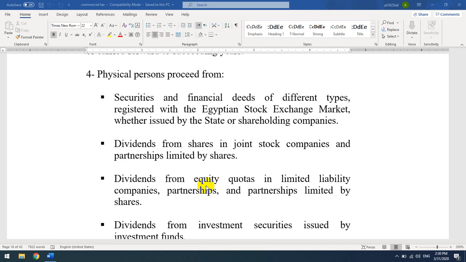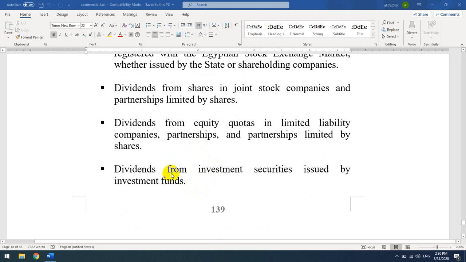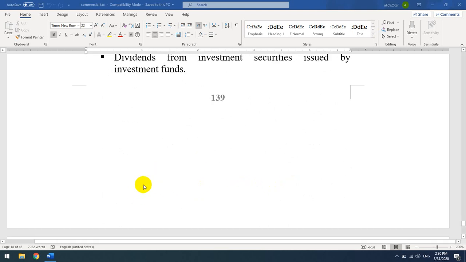All types of dividends and capital gains of this income are exempted from revenues. Dividends from investment securities issued by investment funds.